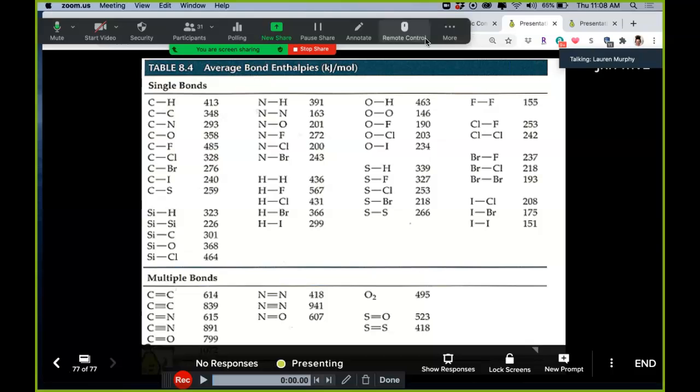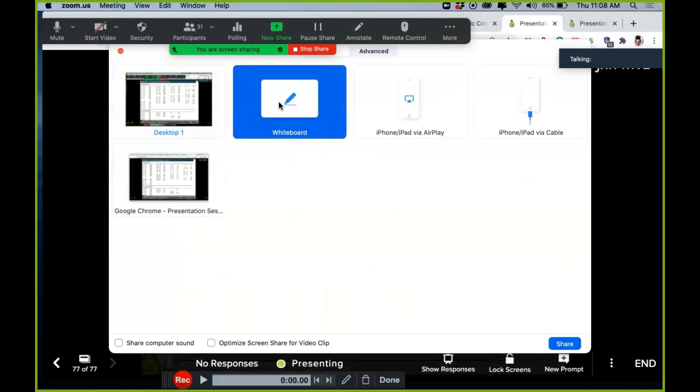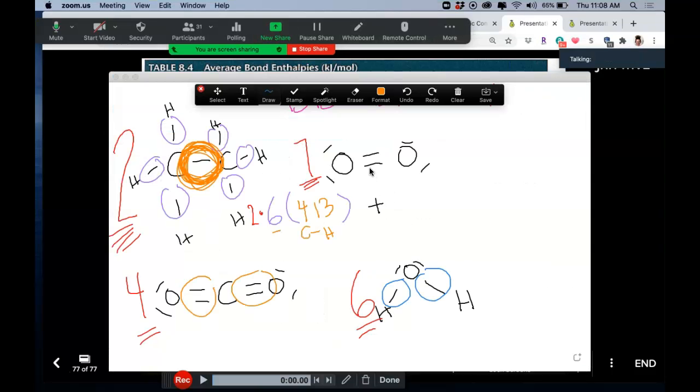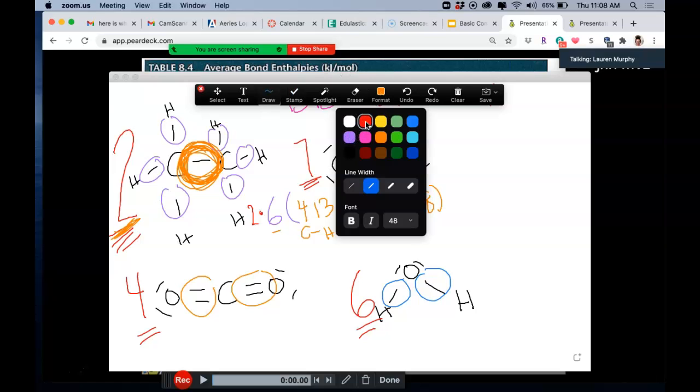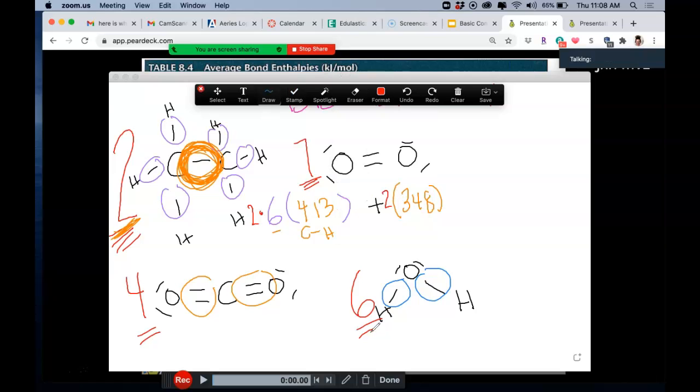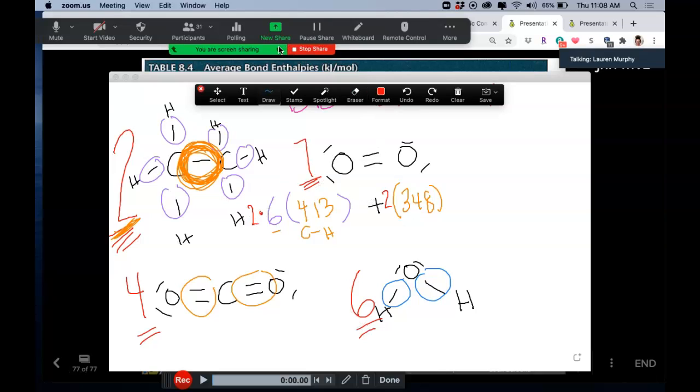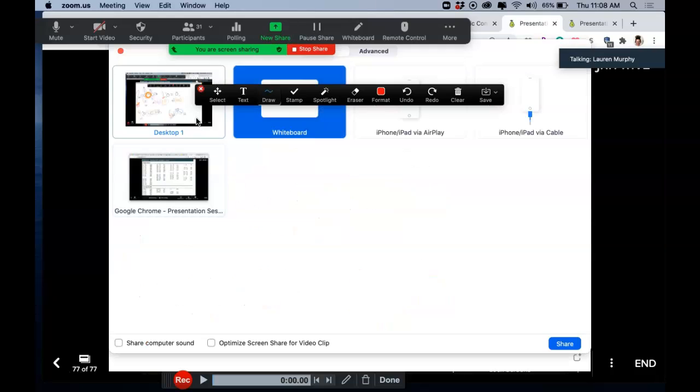Carbon-carbon is 348, so plus 348 times 2. There's 2 of those. So these are bonds broken, plus 7 oxygen-oxygen double bonds.